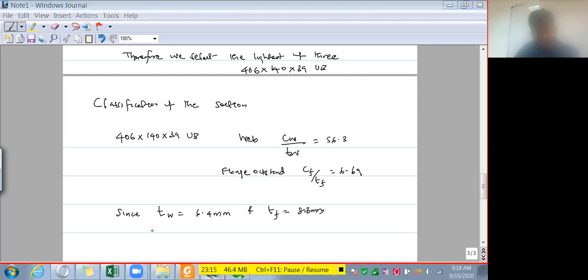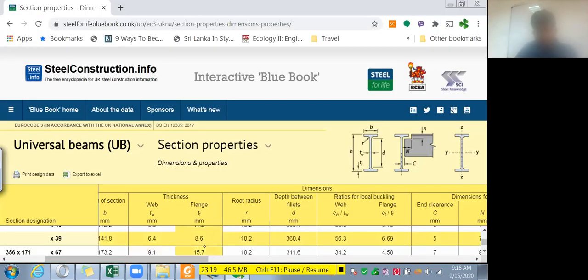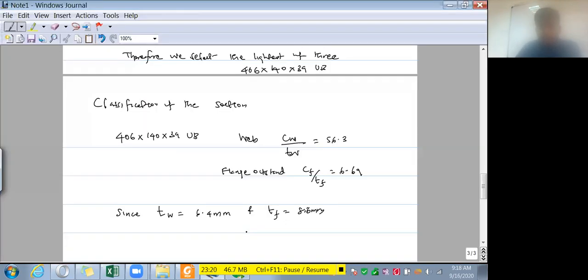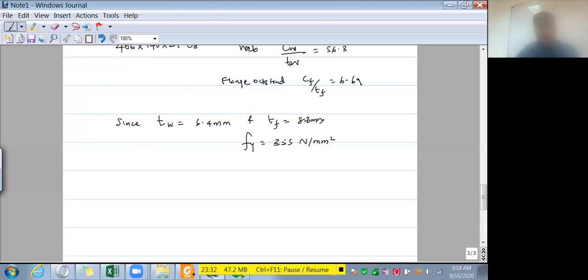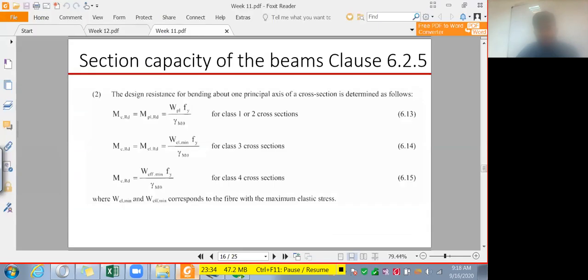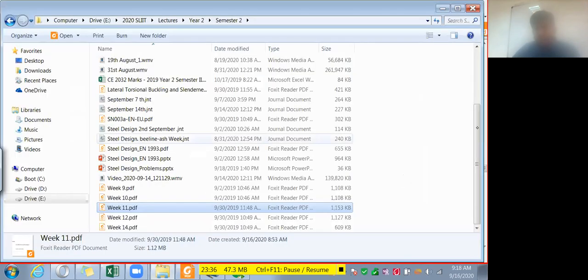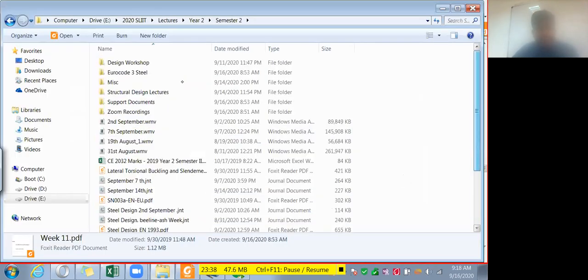So here Fy is 355 Newton per millimeter squared. So if Fy is 355, we can obtain the classification from the Eurocode.